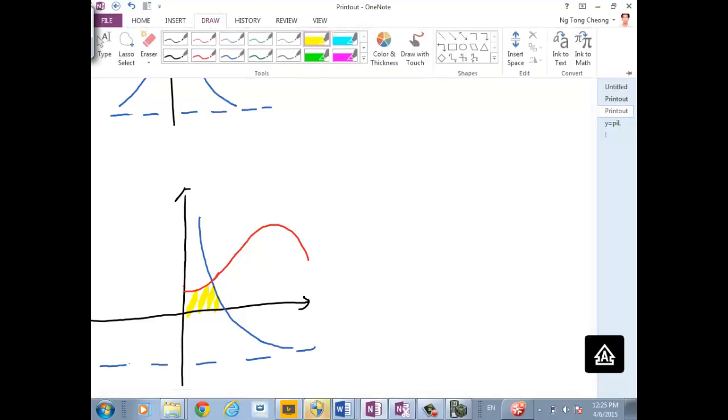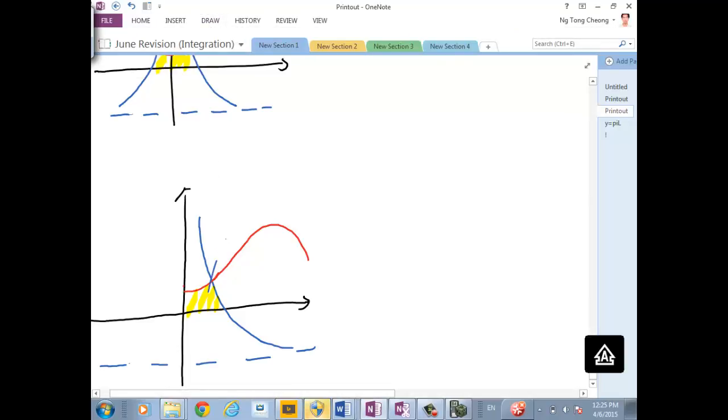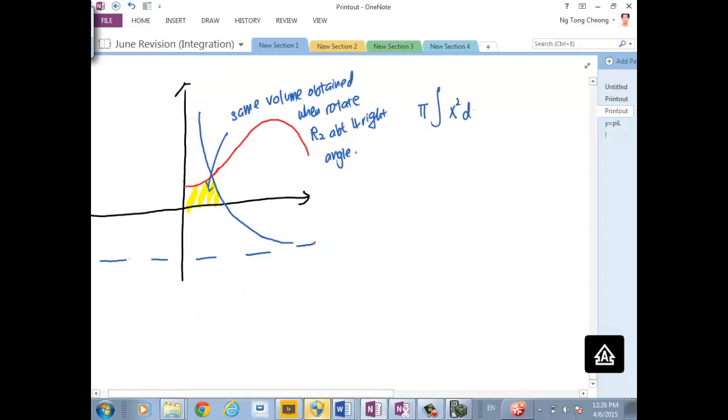So basically the same volume when rotating R. If you agree with me, then I'll just work with this diagram here. It's easier because there's only one side. Because it's the same, I can use it like this. So now I'm going to use integrate x squared dy.